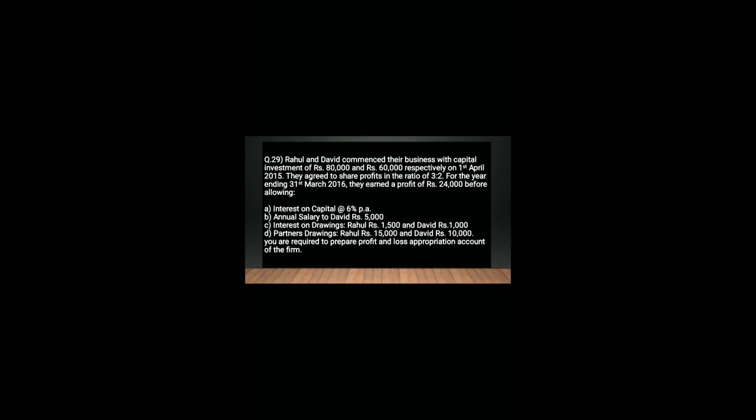Annual salary to David rupees 5,000. Interest on drawings of Rahul is 1,500 and David is 1,000. Partners' drawings of Rahul is 15,000 and David is 10,000. You are required to prepare profit and loss appropriation account of the firm.